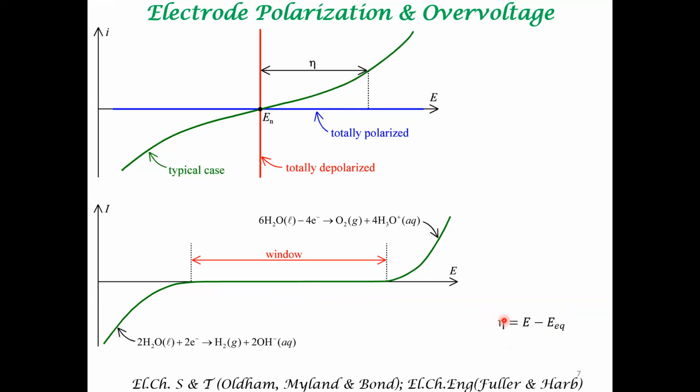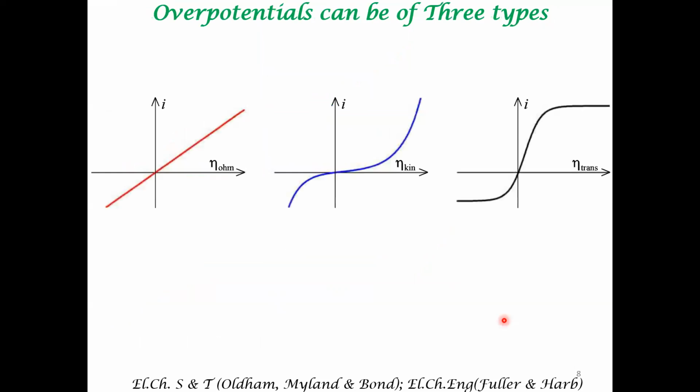So there can be different kinds of overpotential. In fact, all electrochemical systems will be quantitatively described using overpotentials. There are three kinds of overpotentials. Let's understand them. So this is called an ohmic overpotential. What is the current response?